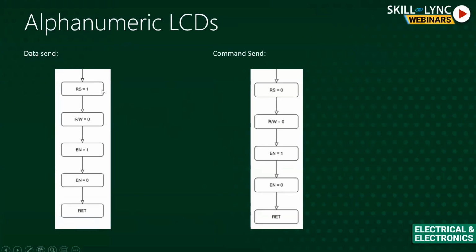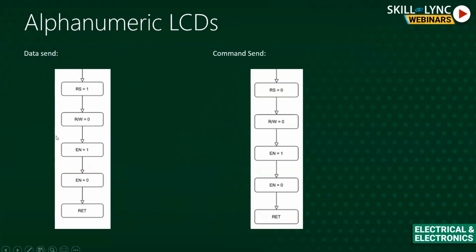To send data on the LCD, we will make the RS line 1, then read/write bar 0, because we are specifying a write operation. We will make the enable pin high and again low. This is a high to low transition, so the data will be latched.